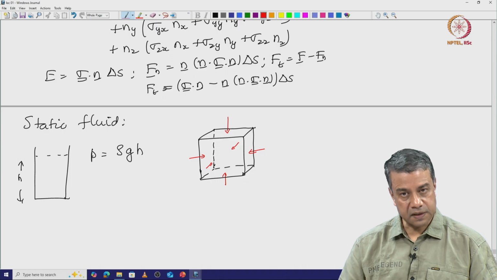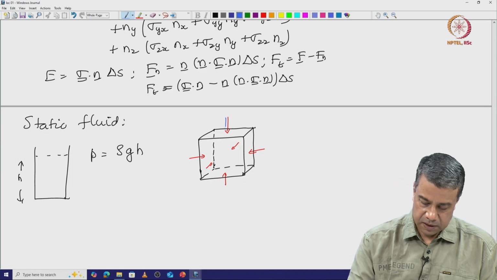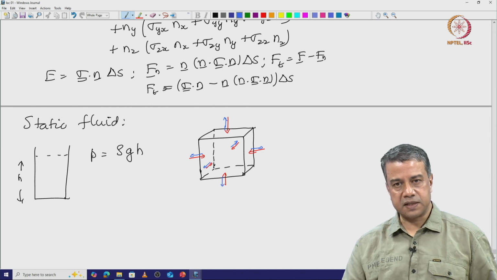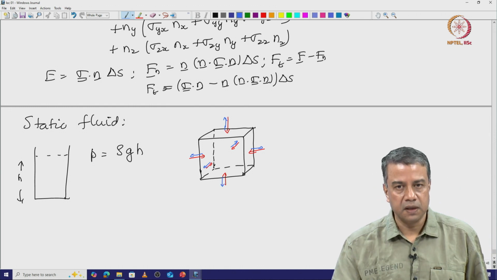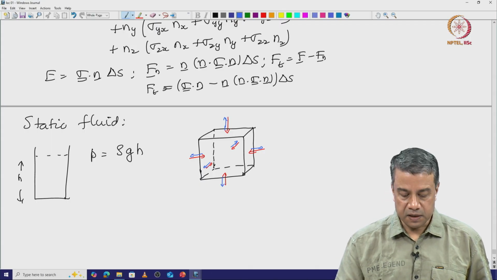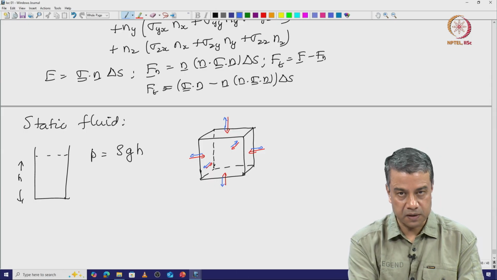We had defined stress as acting along the outward unit normal. Therefore, for a static fluid, the force per unit area acting at any surface has to be along the inward unit normal.